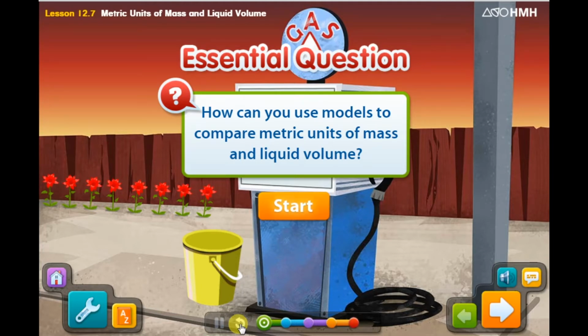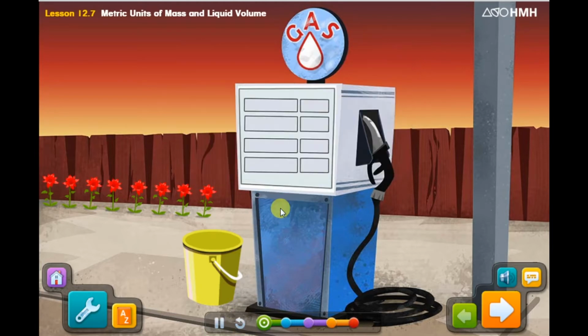Mass is measuring weight by some units, and liquid volume is to measure the capacity of any container. So let's start and see what these units are and how we can compare between them and convert between them. So let's start.